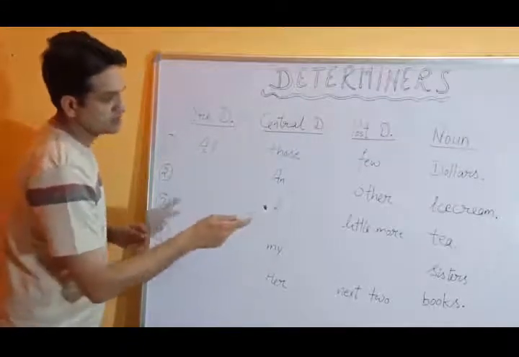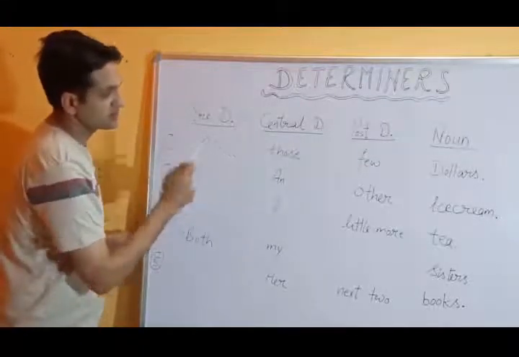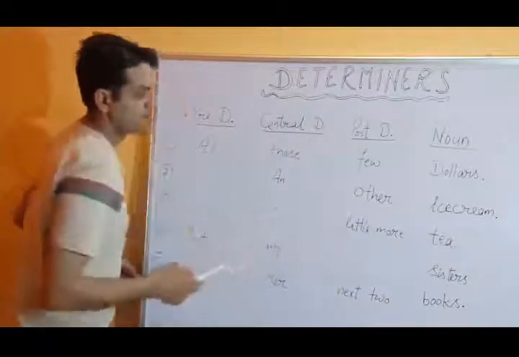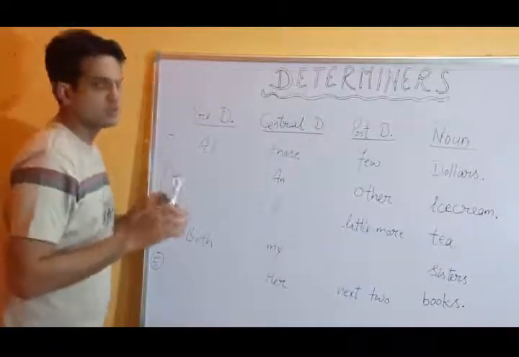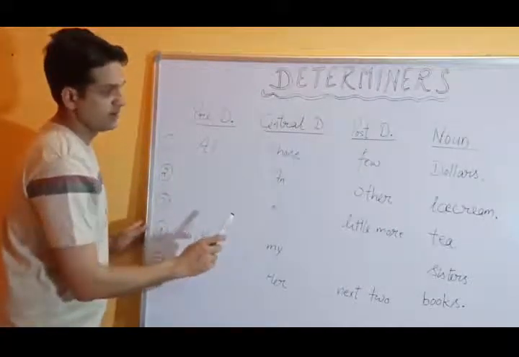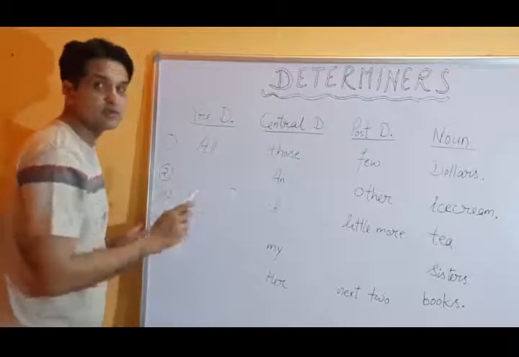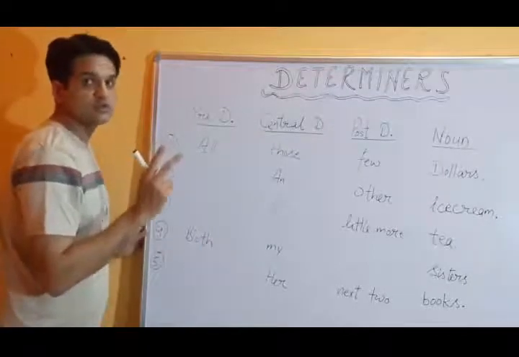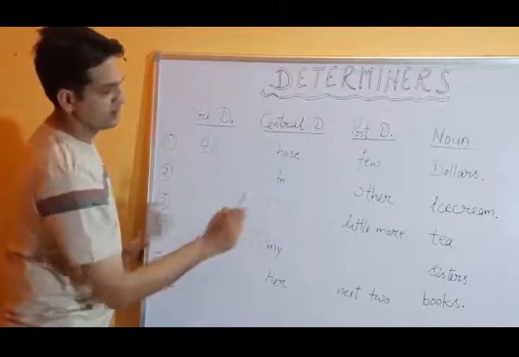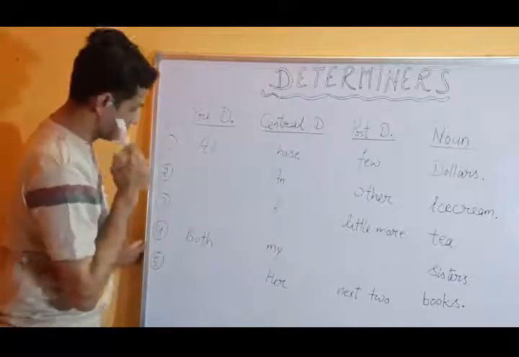A little more tea. Here a is a central determiner, that is an article. Little and more, these are post determiners. So both will be put under the category of post determiner. It means there are three determiners but only two determiner categories as per the position. Then the noun: a little more tea.